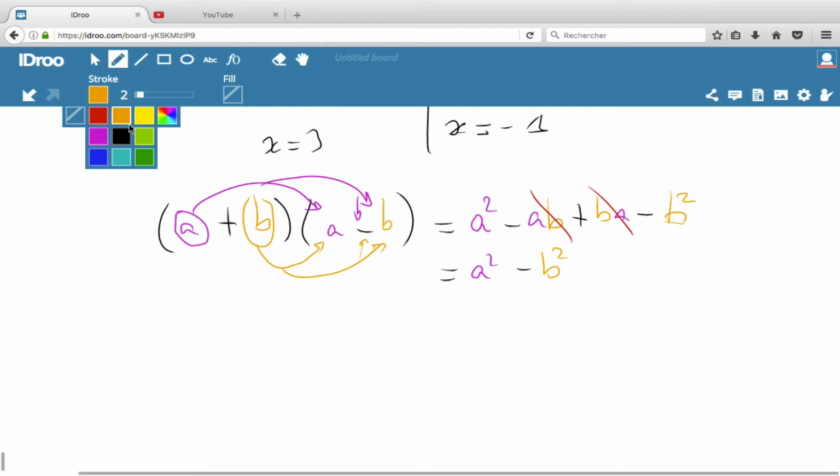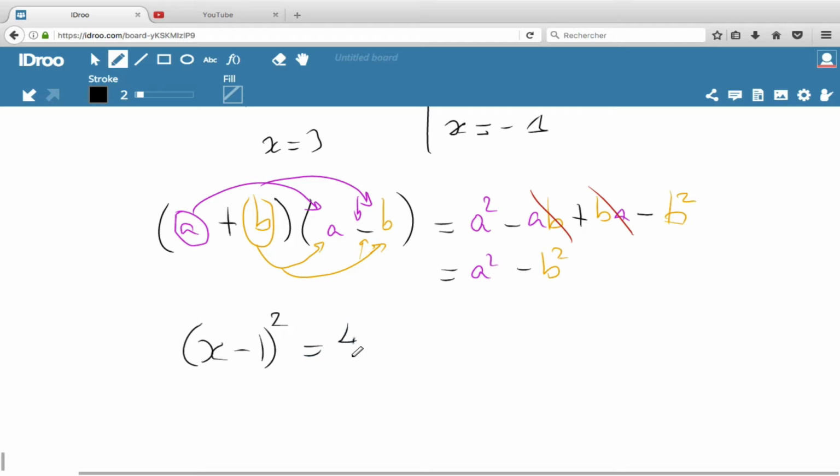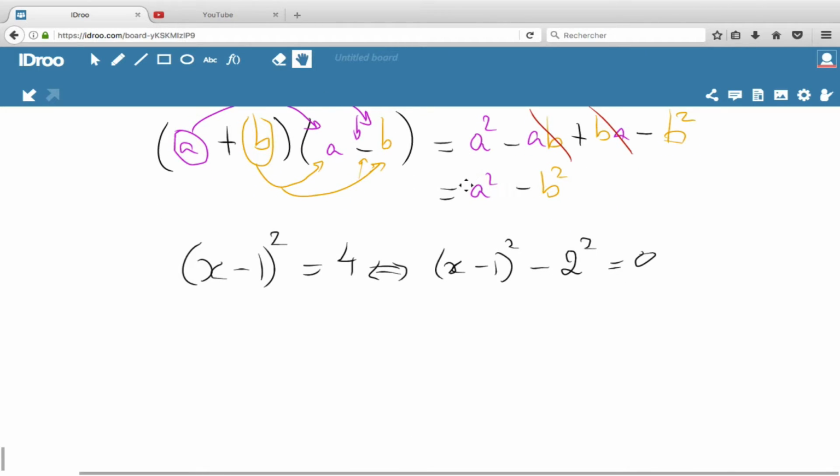The point here is when you've got x minus 1 to the square equals 4, you have to see it like x minus 1 to the square minus 2 to the square equals 0. Because 2 to the square equals 4.